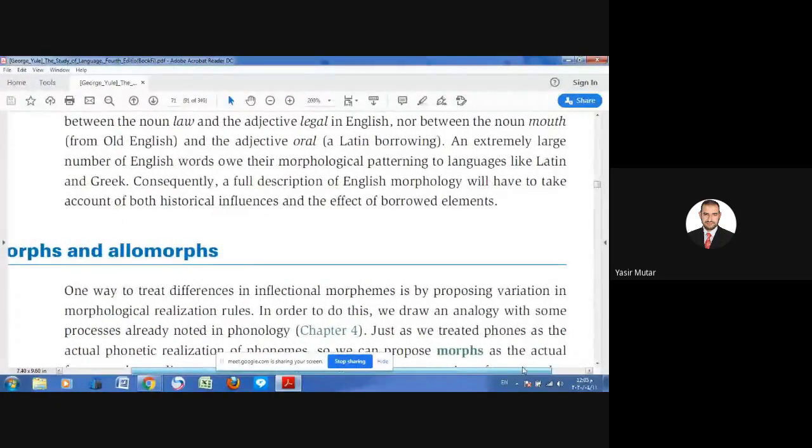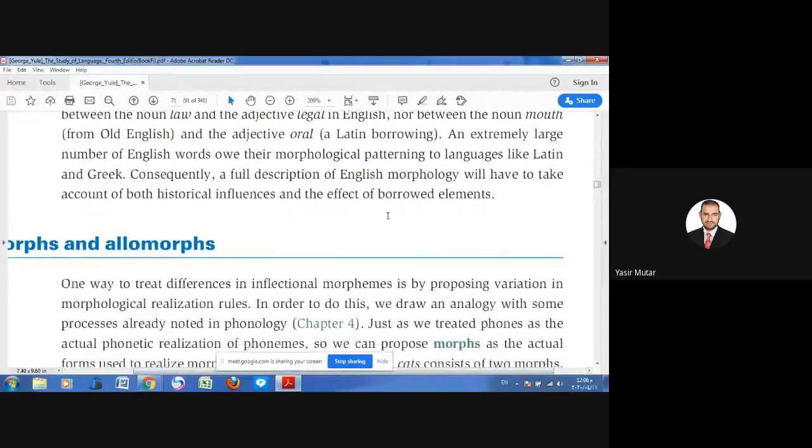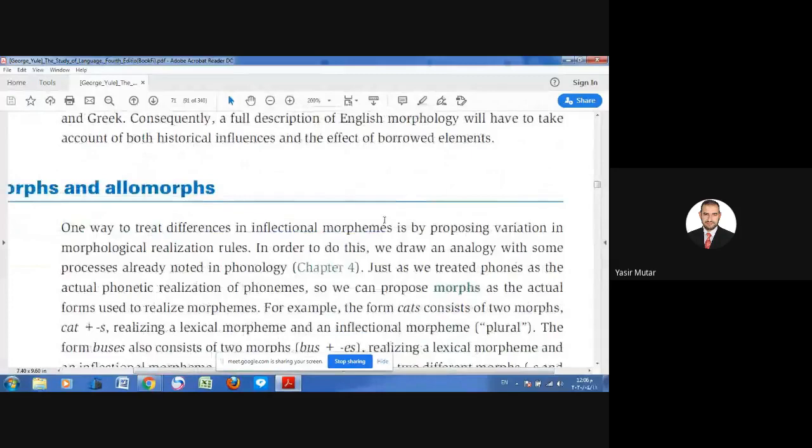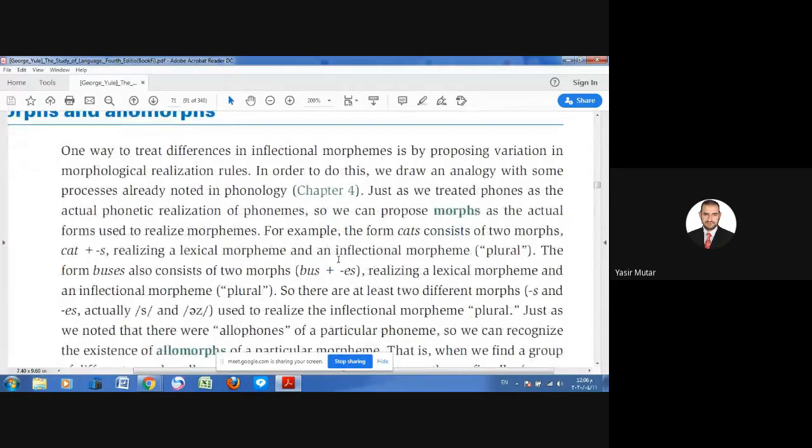How to solve the problem of morphological description? For example, with cats we don't have a problem: we have cat plus the s plural.